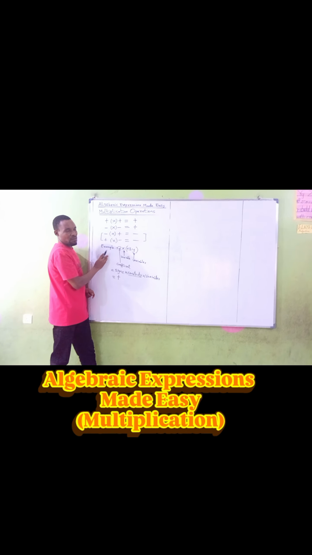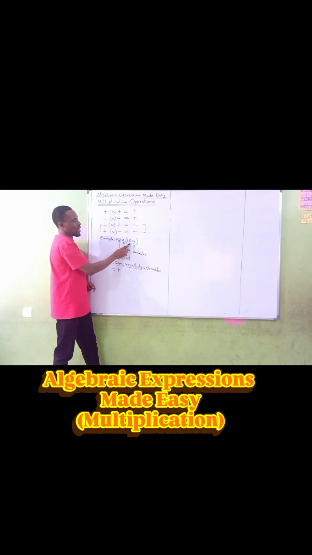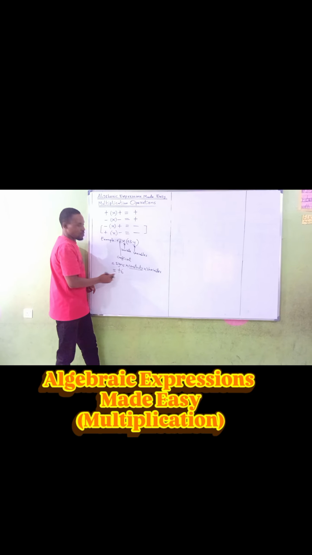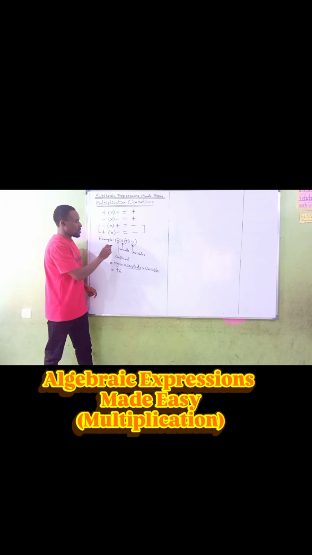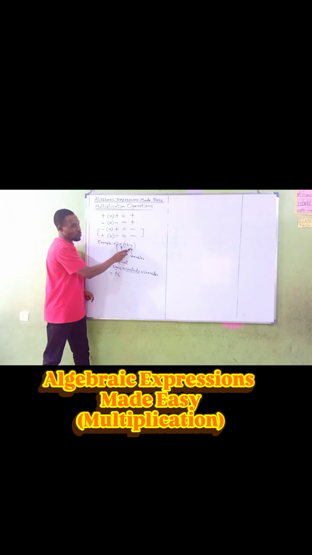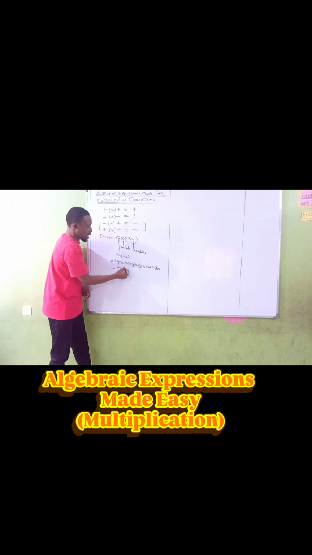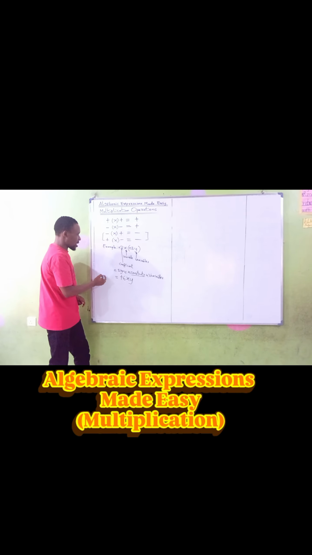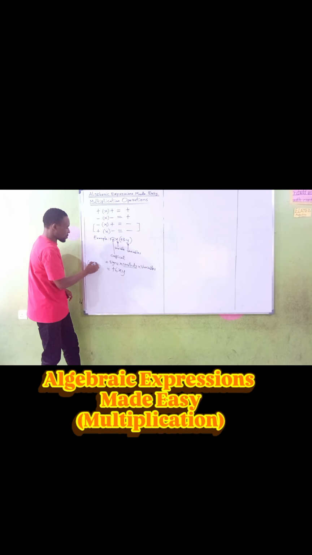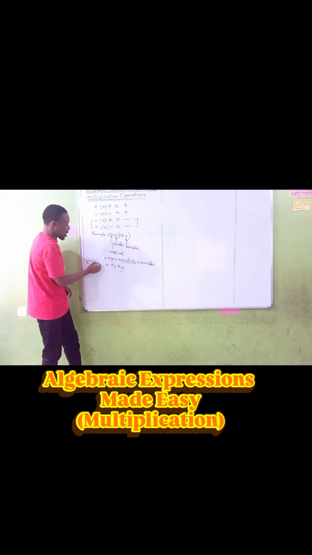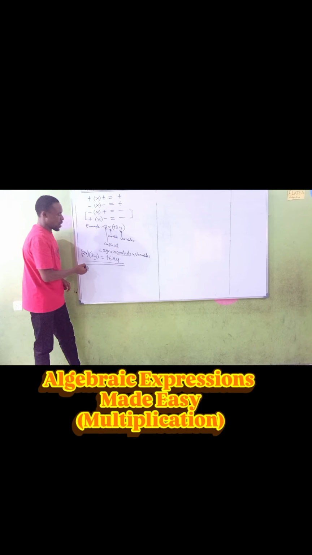Here we have 2, here we have 3. 2 multiplied by 3 will give us 6. Now, how about the variables? We have x and y. So multiply them together: x times y gives us xy. So our answer is that plus 2x multiplying 3y will give us 6xy.